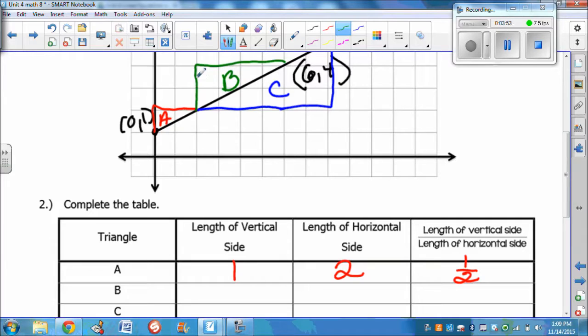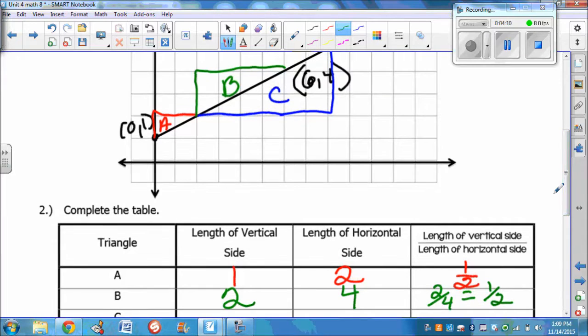Now let's go to the green triangle and do the same thing. The length of the vertical is 2, and the length of the horizontal is 1, 2, 3, 4. Let's do that same fraction, 2 over 4. But we know that we could simplify that fraction, 2 over 4, to 1/2. Now let's do triangle C, our blue triangle.